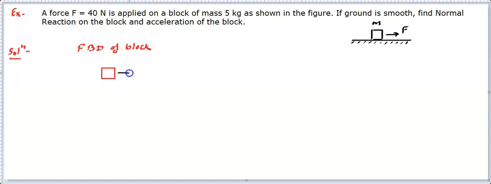You will show all the external forces. This is the force that is already there. And there's going to be a non-contact force called gravity, and then you will look for contact forces. There's only a single contact, from the ground, so the ground will give you a normal reaction in the upward direction. So there will be no force coming in the horizontal direction, and these are going to be the forces acting on it.